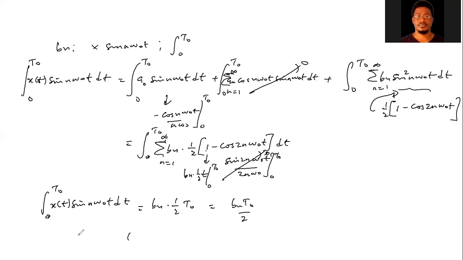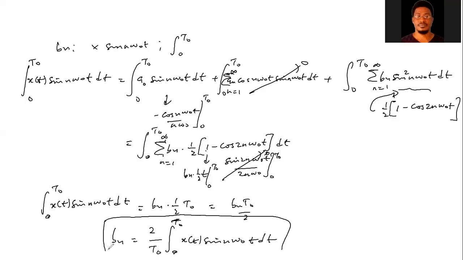So b_n will be the same as, cross multiply, right? 2 over T0 times the integral 0 to T0 of s(t) sin(n ω0 t) dt. So once again, this gives us the b_n coefficient.